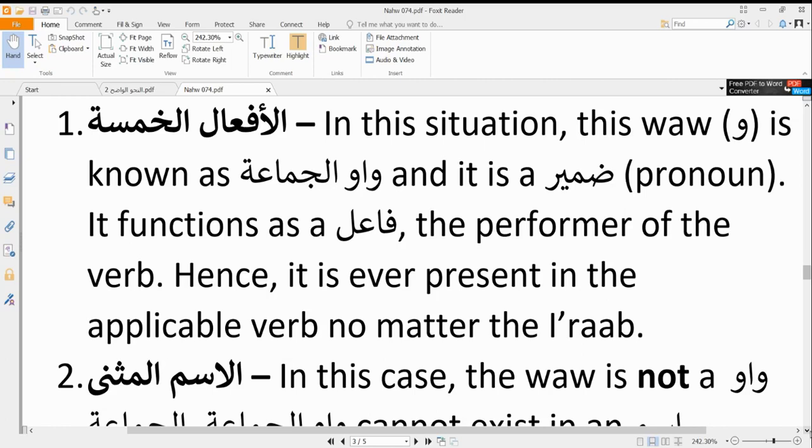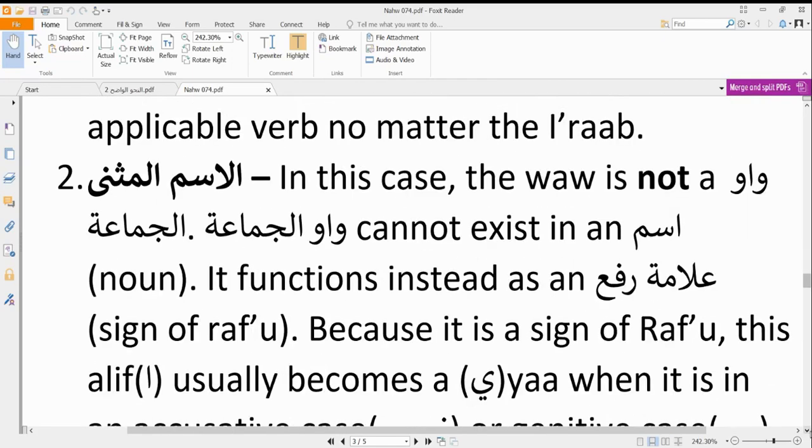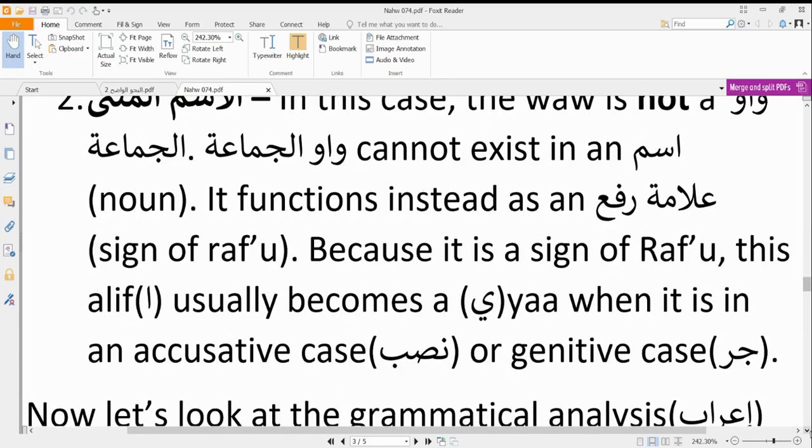Why? Because the wawul jama'a is the fa'il. Whenever we have a verb, that waw is a wawul jama'a, a domir, the performer of the verb. However, when we have the ismu jam'ul mudhakkar salim, we find out that this waw is not what?